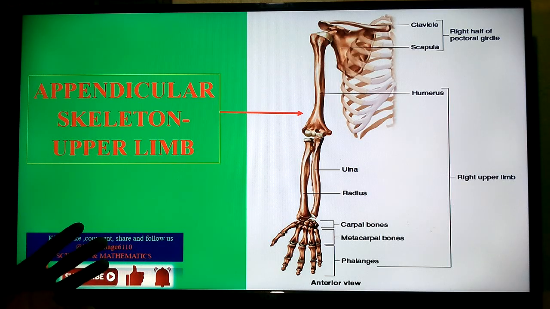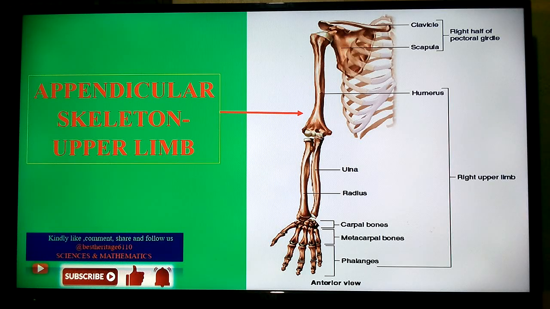So if we come across these different types of joints, the ball and socket, ellipsoidal, saddle, plane, pivot, and hinge joint, in various parts of the human skeletal system, it will be easier for us to identify them as per our discussion.